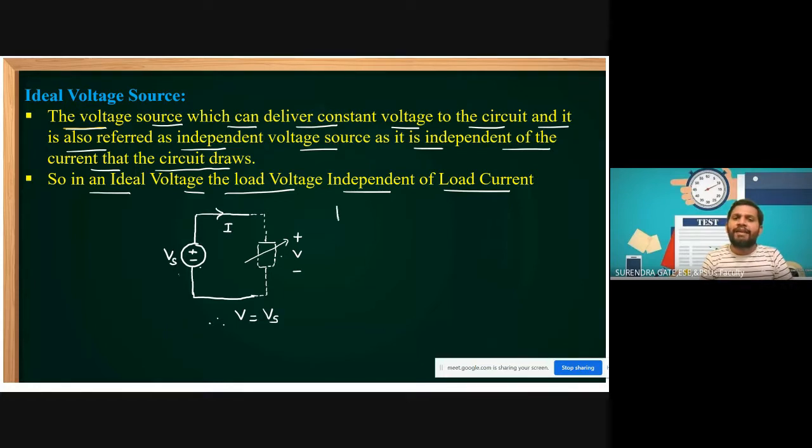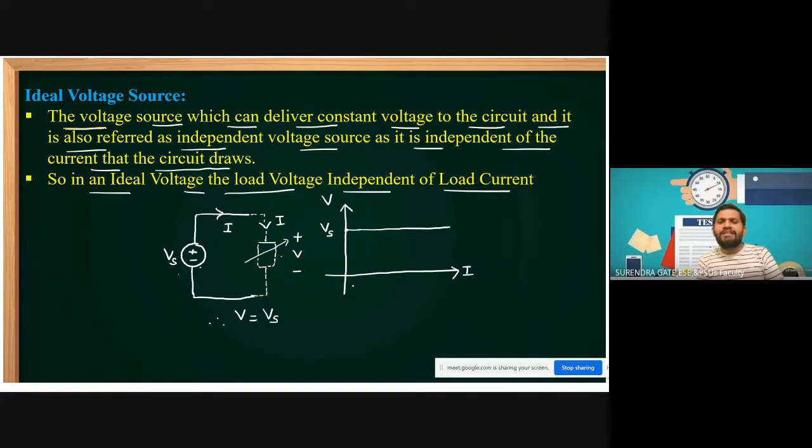If you draw the characteristics for an ideal voltage source with respect to load current I and load voltage, whatever the current flowing, the load voltage is always Vs, which is constant.